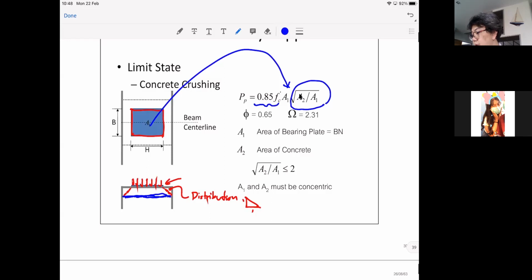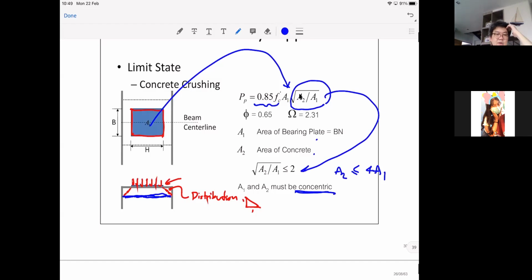And A2 is the area of concrete, A1 is the area of the plate, and they say here that this term should not exceed 2, which means if you put the square root away, A2 could not be greater than 4A1. Okay, and I should use the word concentric, not coincide, but it's pretty much the same meaning.